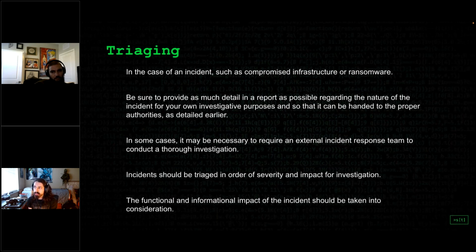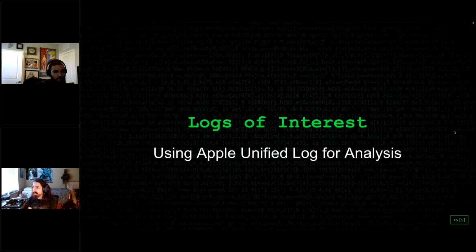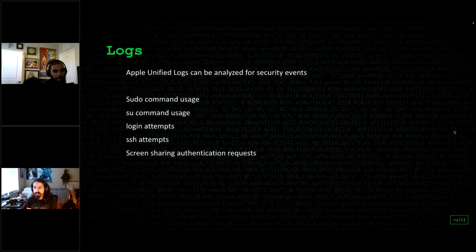So next, I'll go a little bit more into some of the logs of interest that may be useful for an investigation. This is not an exhaustive list, but it is some interesting things that I found when I was researching how Apple manages their unified logging system.